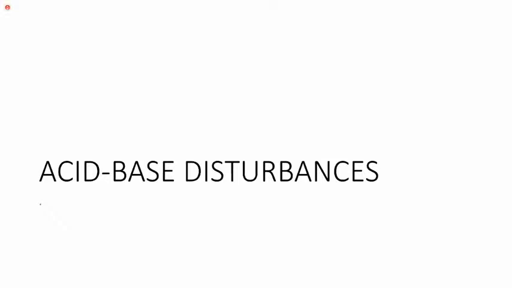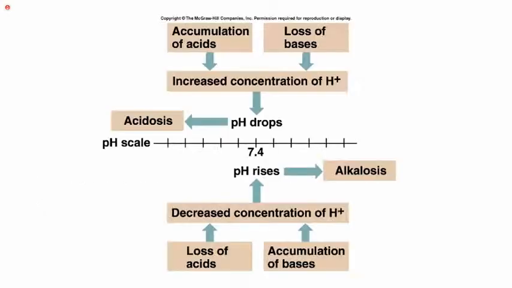So that was the introductory part. We move on now to look at the acid-base disturbances. In a nutshell, if you've got accumulation of acids or excessive loss of bases, so you don't have enough bases to buffer the acids, the acids continue to accumulate, the pH will drop, and now we call you acidotic.